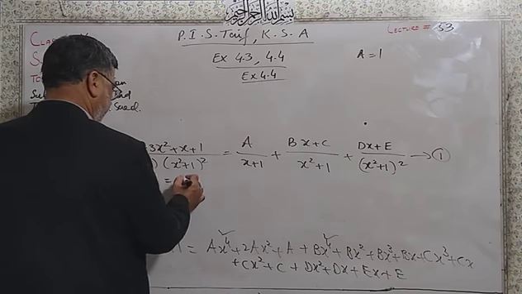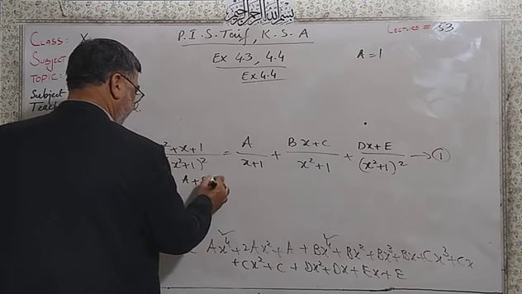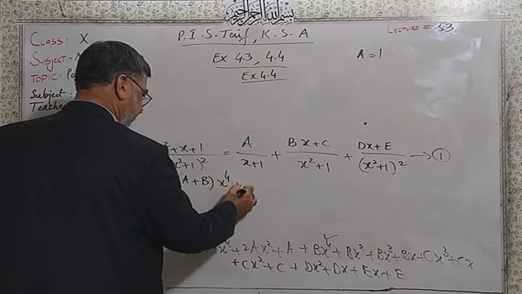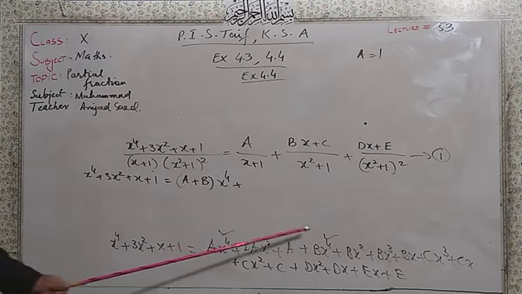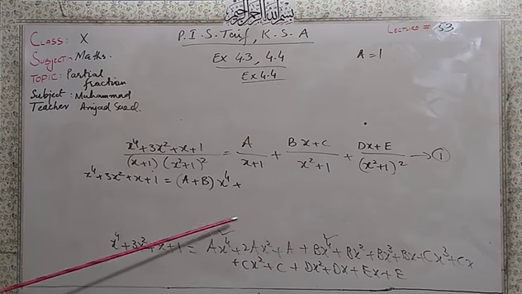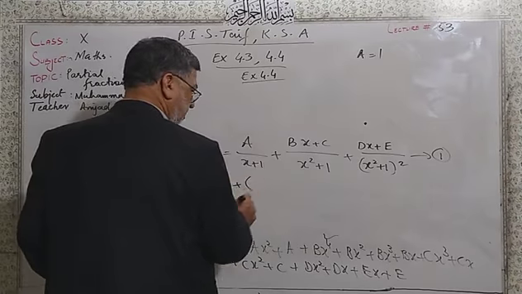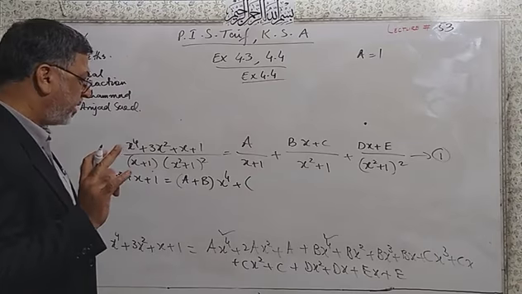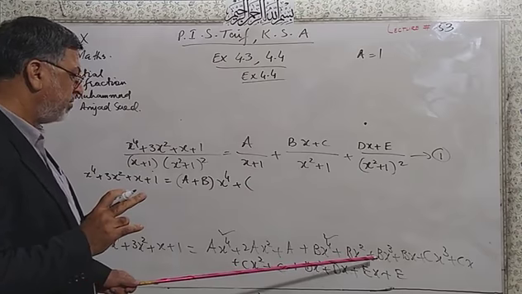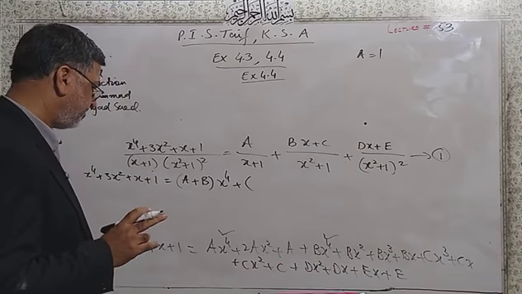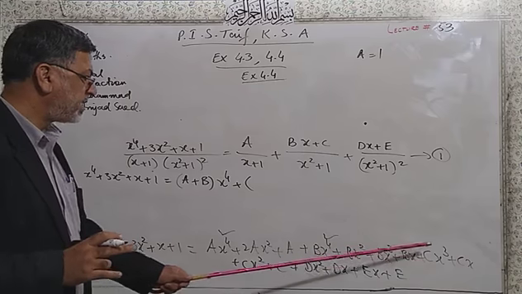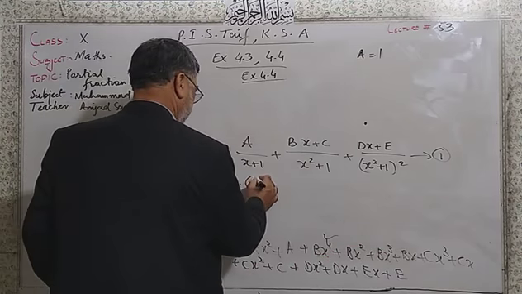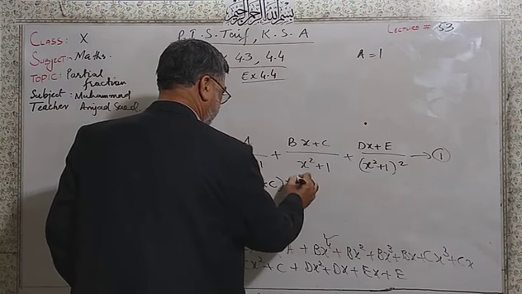No. So we have a plus b into x⁴. We have taken x⁴ common from here, then a plus b. After this, we will write down the terms involving power 3, x cube, b plus c into x cube.